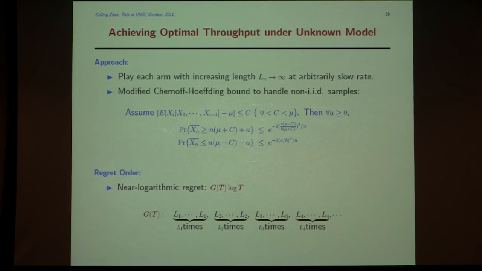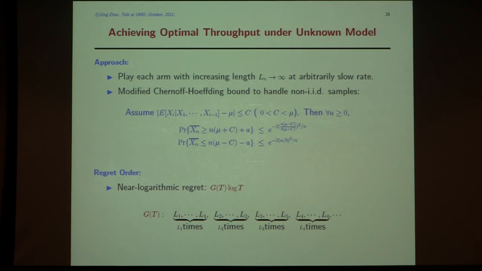The way to handle the first one is, instead of prefixing the number of slots you should follow each strategy, we let it grow with time, but at an arbitrarily slow rate. The sacrifice is that we cannot achieve exactly log. We can achieve something arbitrarily close to log. So what's in front of log is no longer a constant, but a growing sequence with t, which can be arbitrarily slow.